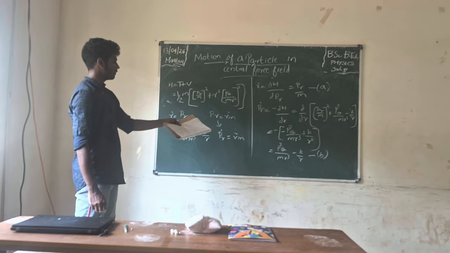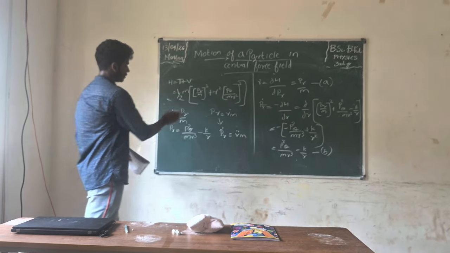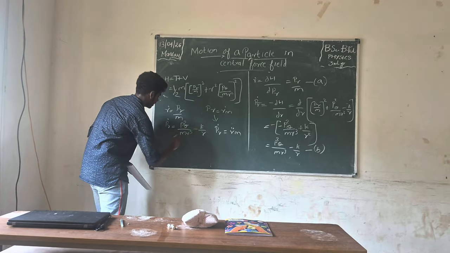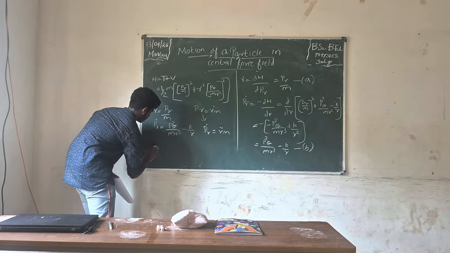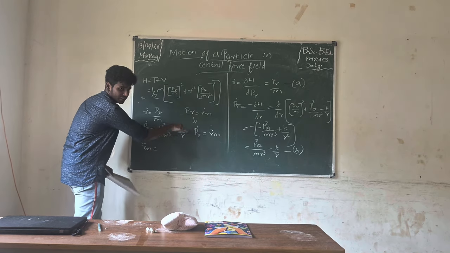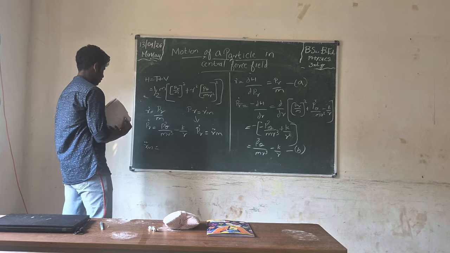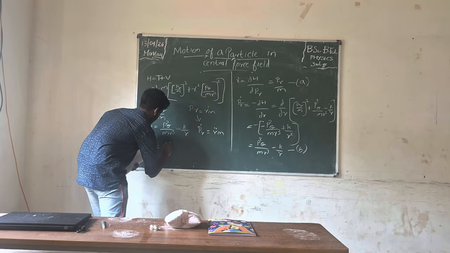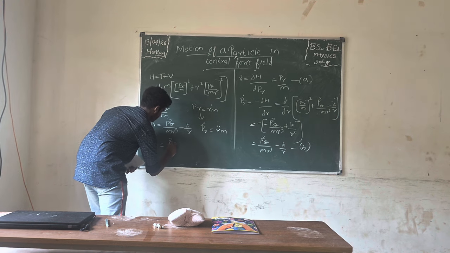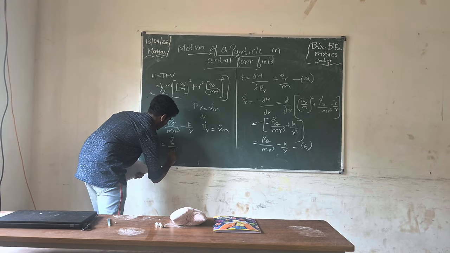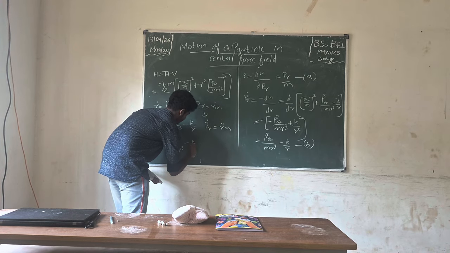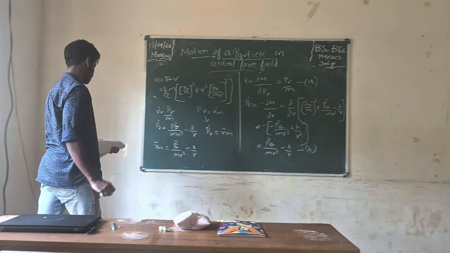So we are going to equate the left and right sides also. So we can write R double dot M is equal to this equation: P theta square by M R cube minus K by R square.